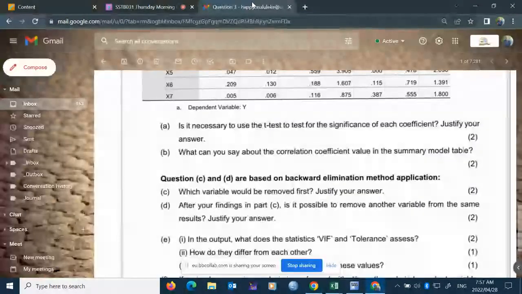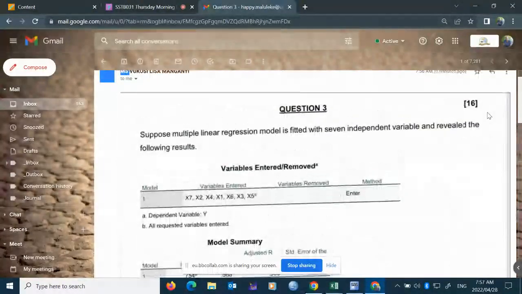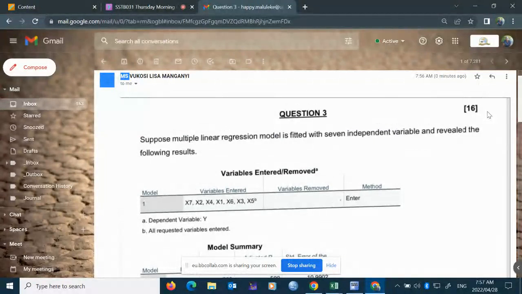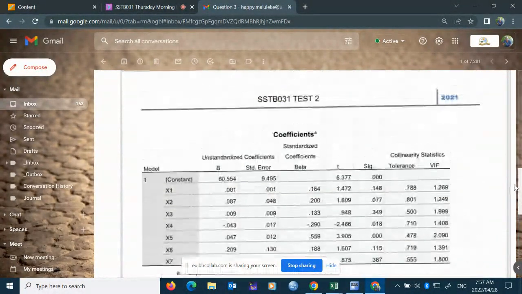But to check how questions are being asked is very, very important. Questions C and D are based on backward elimination method application. Which variable will be removed first? Justify your answer. Which method was used here?